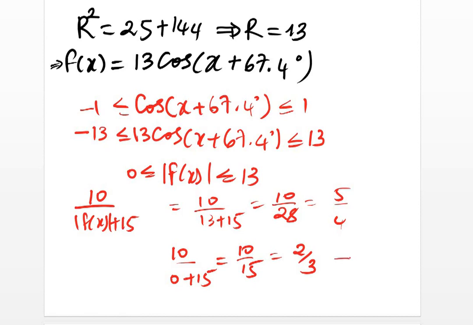Remember, this value is greater, so it gives us our maximum value. So 5 over 14 is our maximum value, and this is the minimum. If you doubt, you can always compare.